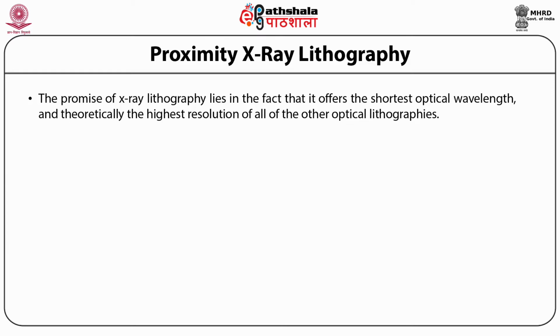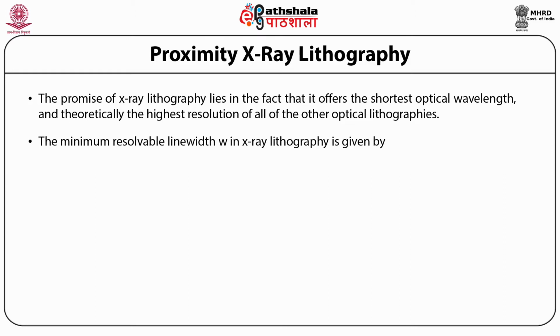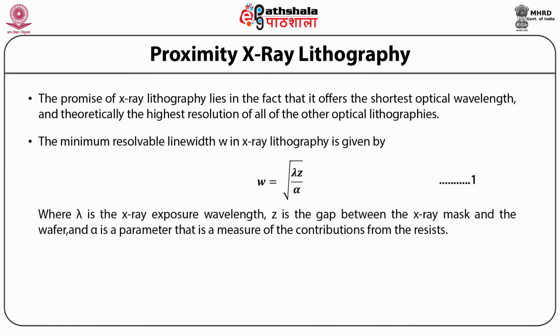So students, the minimum resolvable line width, which is represented by W in X-ray lithography, is given by W equal to root of lambda Z by alpha, where lambda is the X-ray exposure wavelength, Z is the gap between the X-ray mask and the wafer, and alpha is a parameter that is a measure of the contributions from the resist.